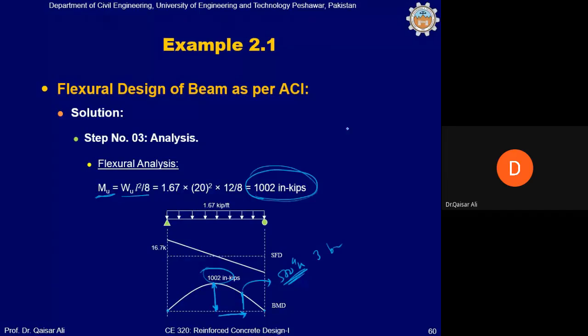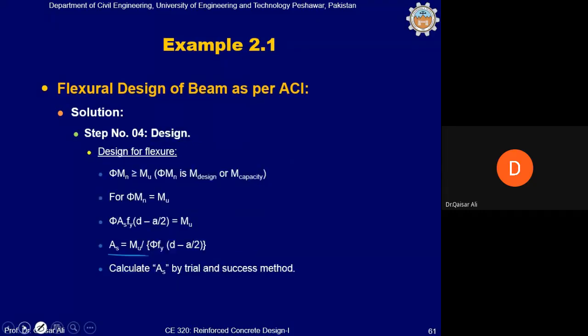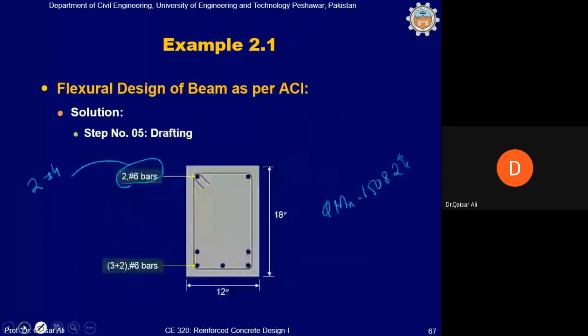और इसकी बस एक रूल आप याद रखें. If I draw the longitudinal section of this beam, ये तो आपके पास this is the cross section of the beam. अगर हम इसकी एक longitudinal view भी ड्रा करें, this is the simply supported beam.